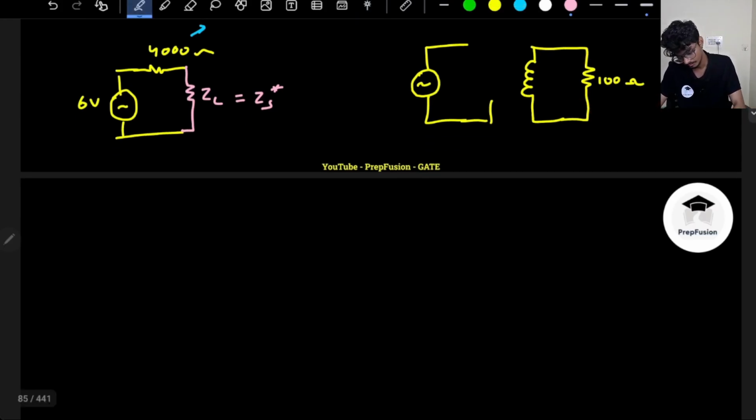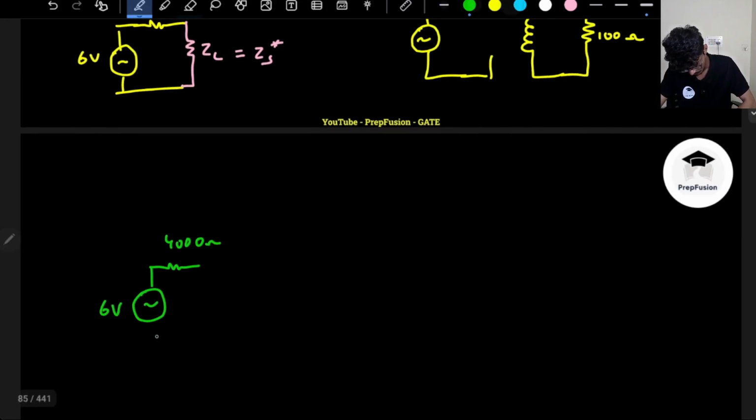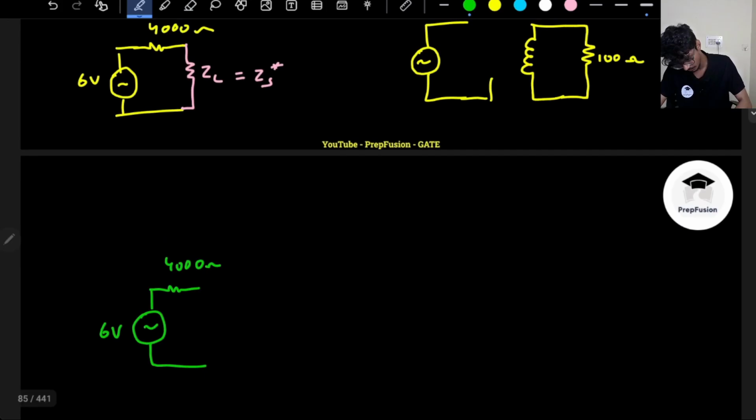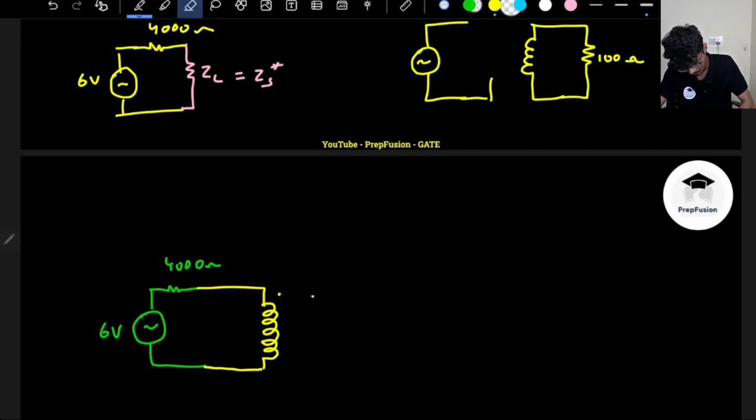So how will I match the impedance? This source will be there, 4000 ohms, and the 6 volt source will be there, and I have to match the impedance basically.